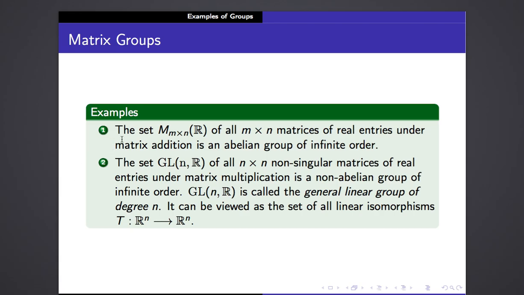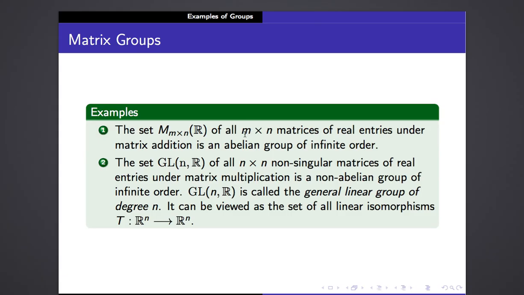The first example here is the set M sub m times n of R. This set is the set of all m by n matrices of real entries under matrix addition. This set with matrix addition becomes an abelian group of infinite order.